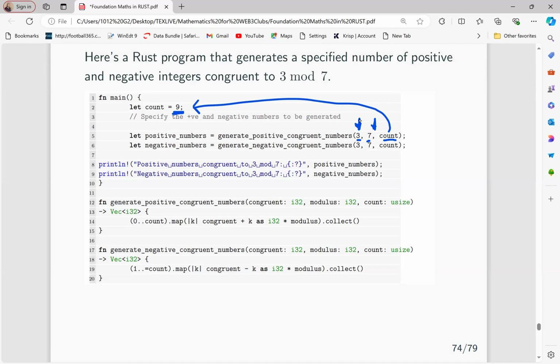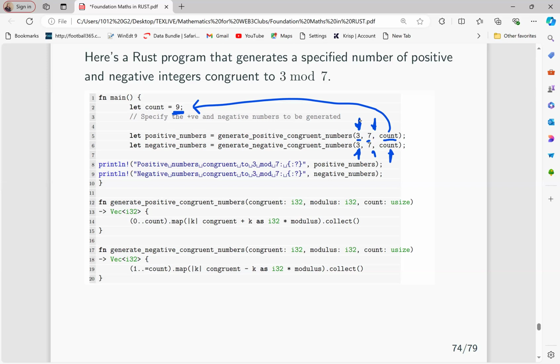Then let negative numbers. This one defines the negative numbers. Generate negative congruent numbers. So we want numbers which are negative and congruent to 3 mod 7, and they should be 9, again, the count.